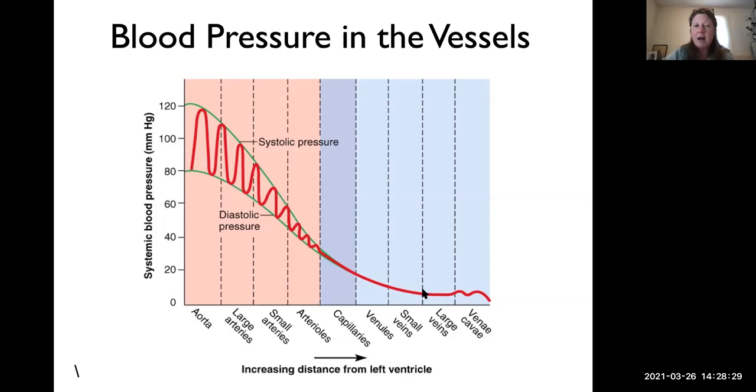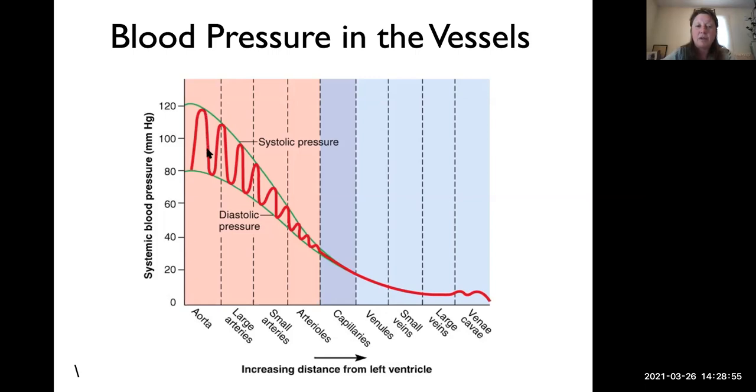Now, blood pressure in the vessels changes with a number of things. As you can see by the fluctuations in this red line, the blood pressure in the vessels is affected by the contraction status of the heart. Each time the ventricles contract, the blood pressure in our systemic arteries goes up.